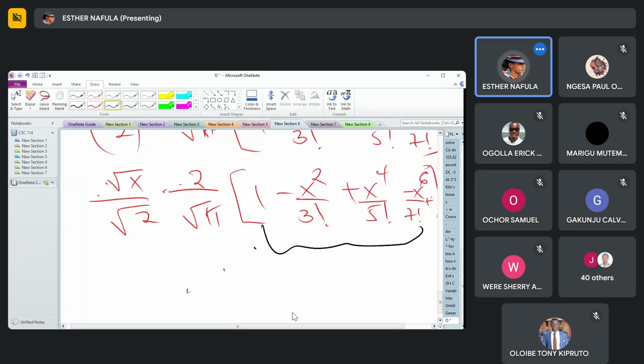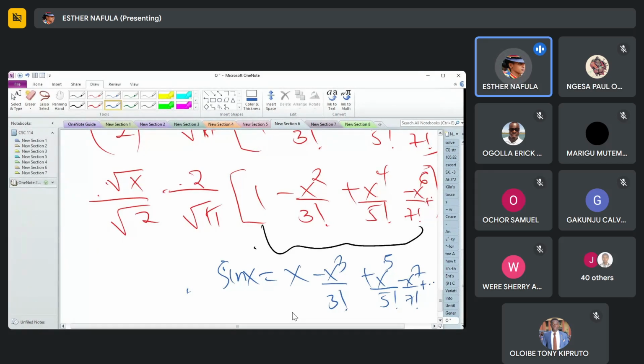Remember that the series for sine x is given as x minus x cubed over 3 factorial plus x power 5 over 5 factorial minus x power 7 over 7 factorial, and so on. But in our case, we have 1 minus x squared over 3 factorial plus x power 4 minus x power 6.